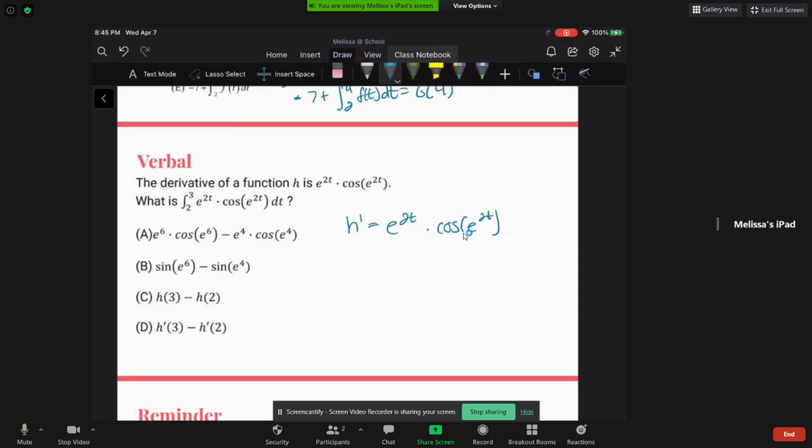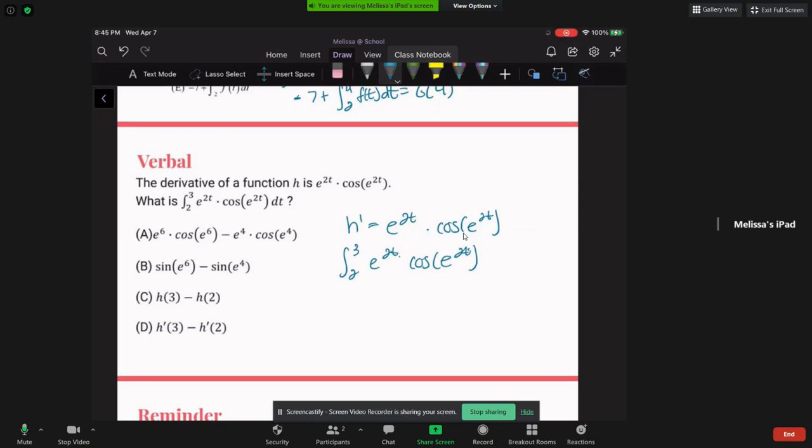So they're asking us what is the integral from 2 to 3 of all of that. So we have the integral from 2 to 3 of e to the 2t times cosine e to the 2t. And now, what is the antiderivative of this?